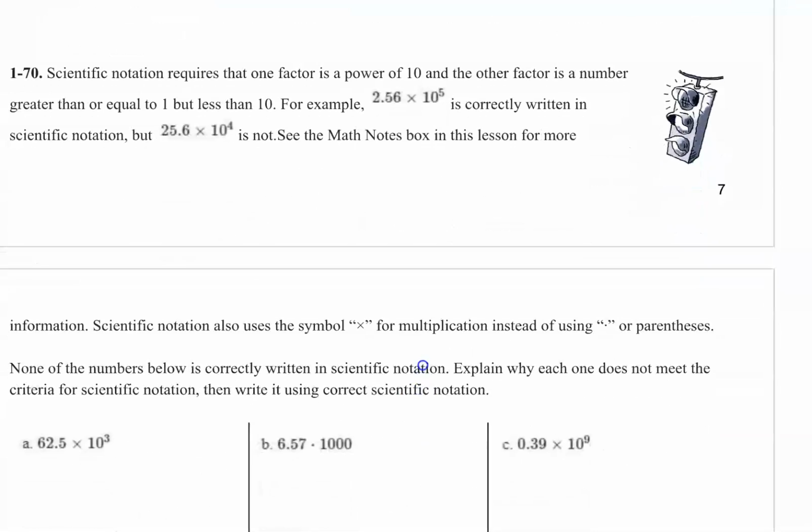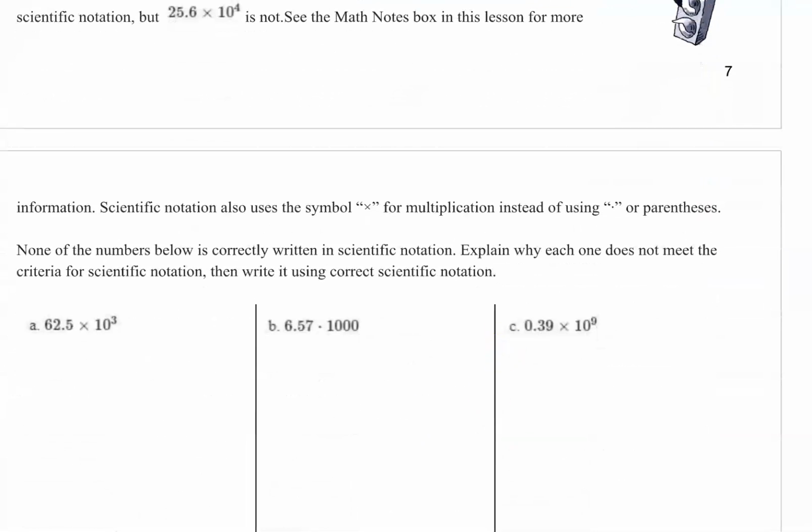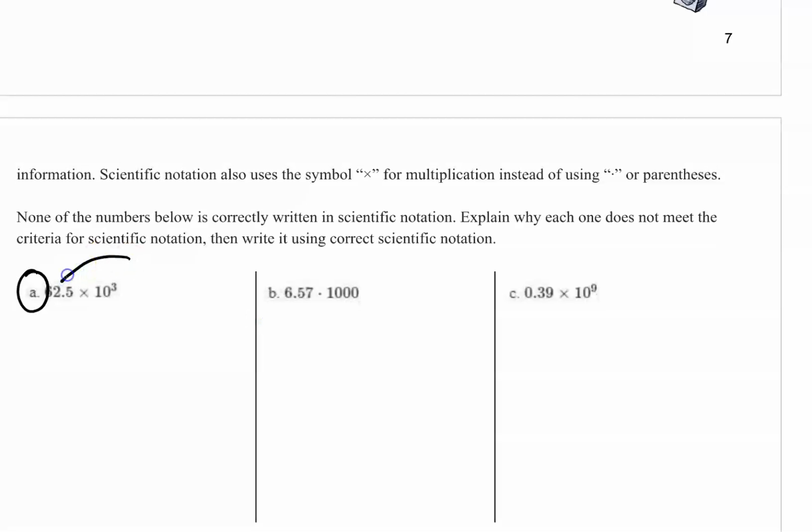Let's go 1-70. I'll do 2 of these. So let's start with A. 62.5 times 10 to the power 3. This is not in scientific notation, because this number in front should be from 1 to 10, and 62.5 is bigger than 10. So here's what I'm going to do. 10 to the power 3 is 10 times 10 times 10.